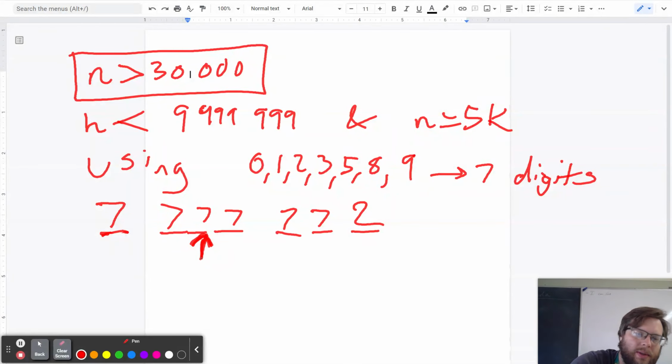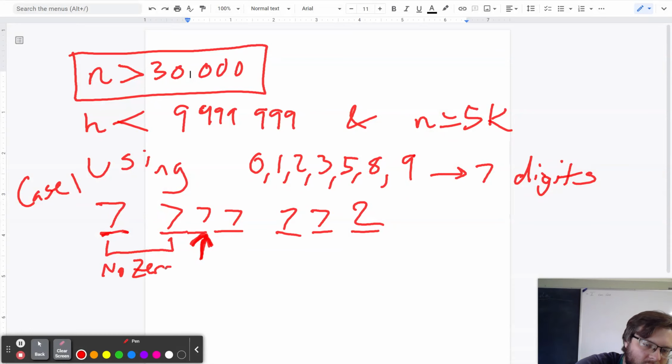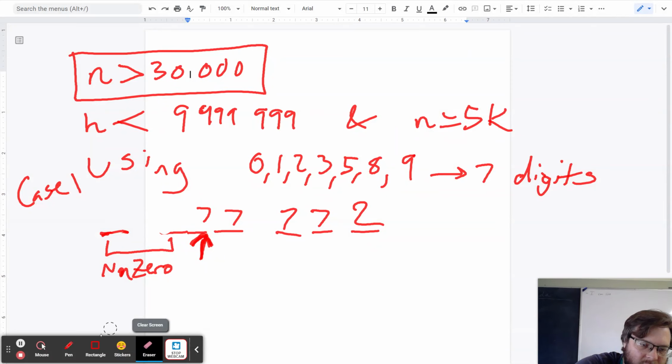Okay, so here's how we do it. Sorry, I'm kind of thinking through it as we go here. What I'm going to do first is do the case where these are non-zero. And so if those are non-zero, then we're going to knock that down to 6 options for the first.